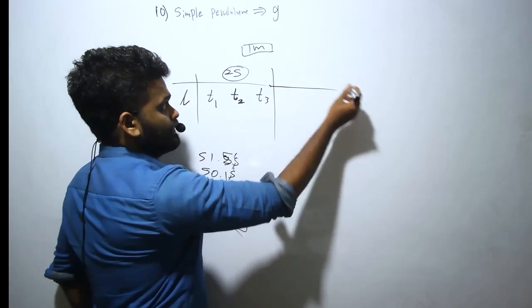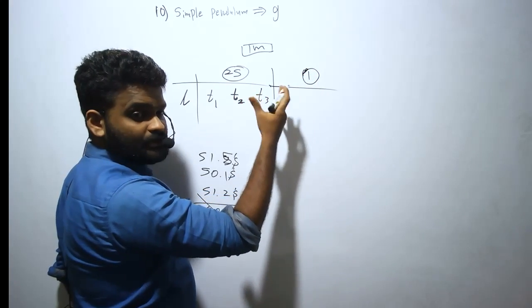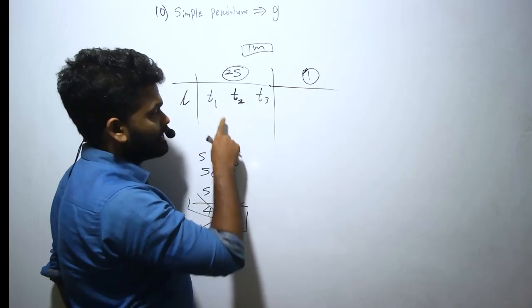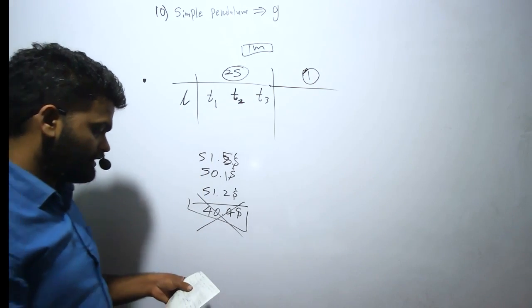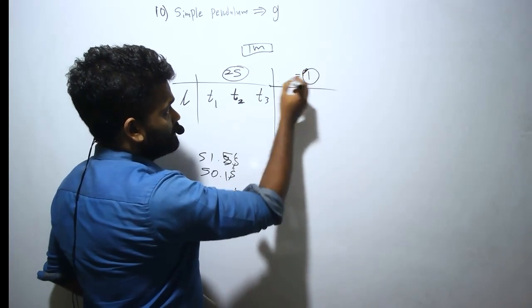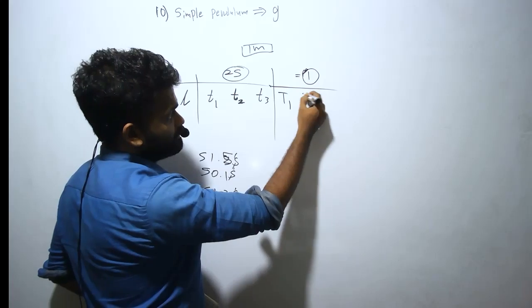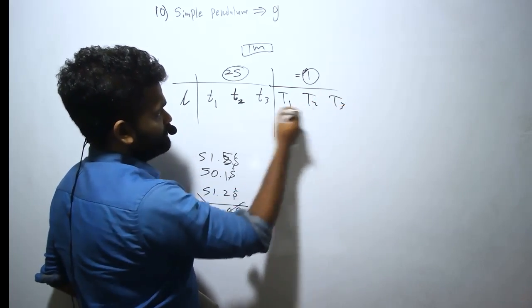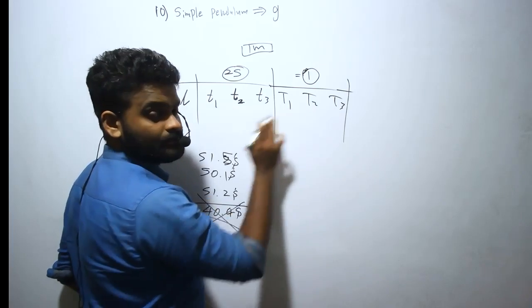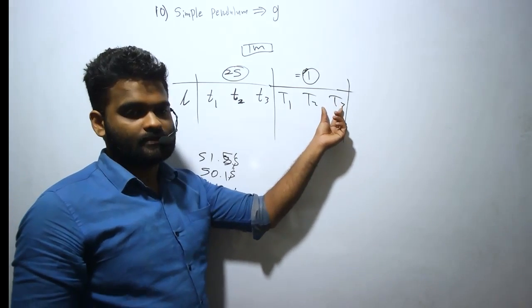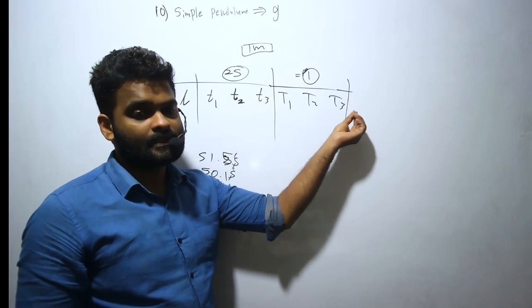Then for these values, what you need is the time for one oscillation, right? So you have to divide this by 25, and you get the T1 time period. For this one, T2. For this one, T3. Now we have three different values for the time period. Then take the average of these three.